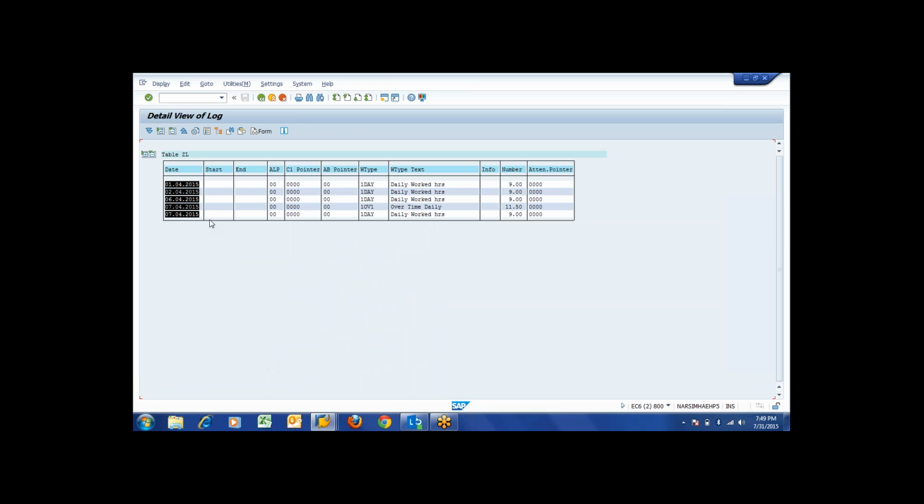These are the days the employee worked, and this is the wage type generated with the number of hours he worked per day. On 1st of April he had 9 hours, 2nd of April 9 hours, 6th another 9 hours as per 2011, and on the 7th there are the overtime hours, and again the general hours are 9.